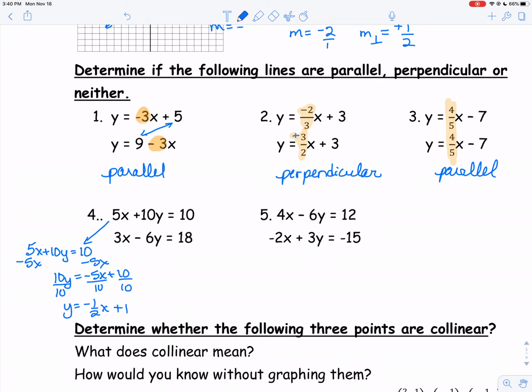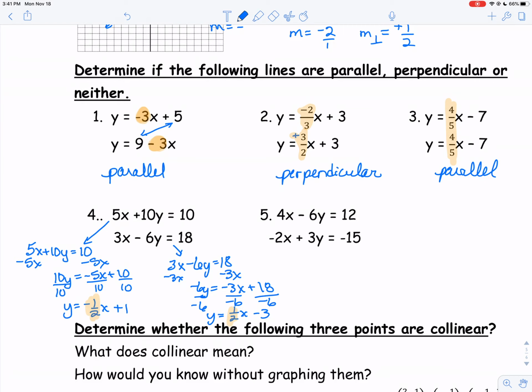Okay, and then this one, I'm going to solve that one for y as well. So you just have to do a lot more work when they don't have it already set equal to y. Then I divide by -6, so I get a +1/2. So this one is -1/2. This one is +1/2. So let's look at our conditions up there.